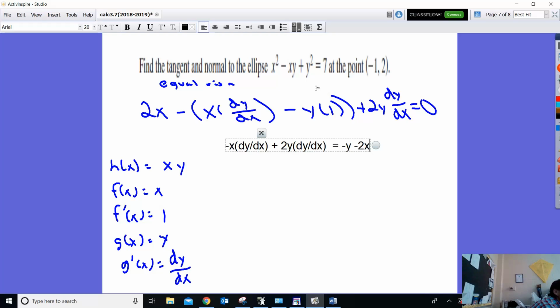That's all I'm doing. What do both pieces of the left-hand side have in common? Both have a dy dx. Just do a little factoring. This is the easy part. I swear this is the easy part. If you pull a dy dx, I'm going to change the order here just to make it look prettier: 2y minus x instead of negative x plus 2y. Any issues with that?